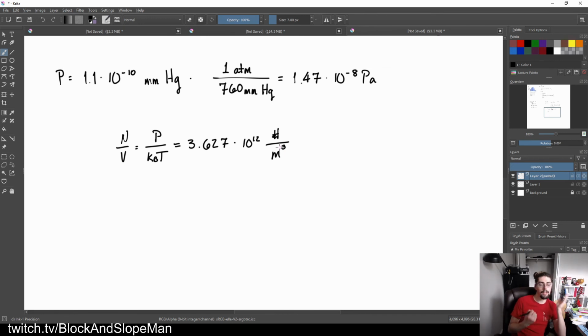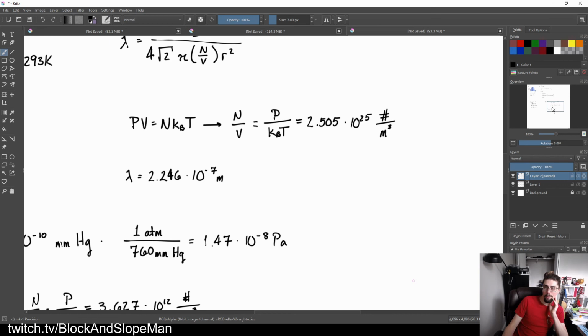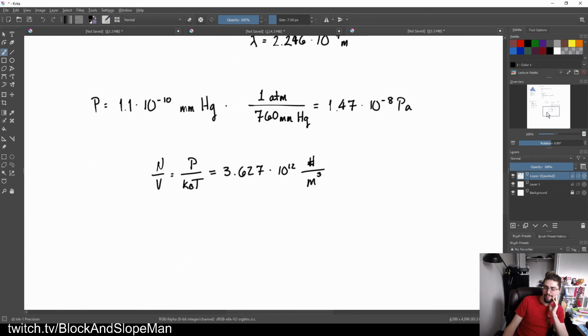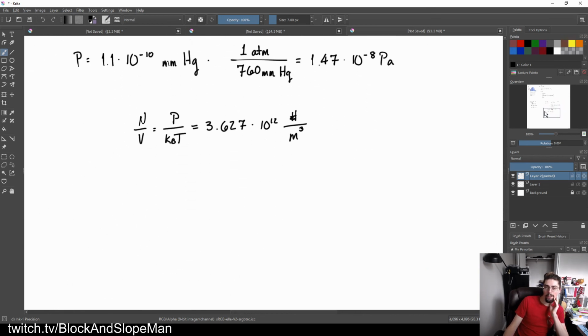Just helps remind me that it's a number density. So it looks like a lot, right? But then you go back and compare this to what we had just seen before, and that's a pretty substantial difference.